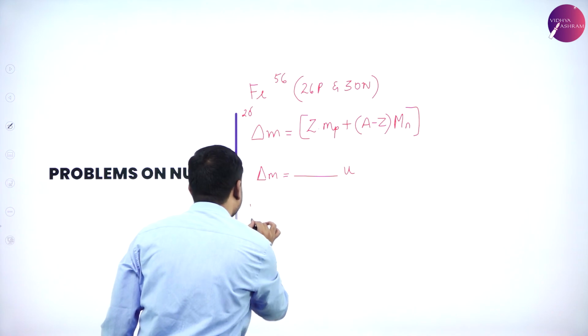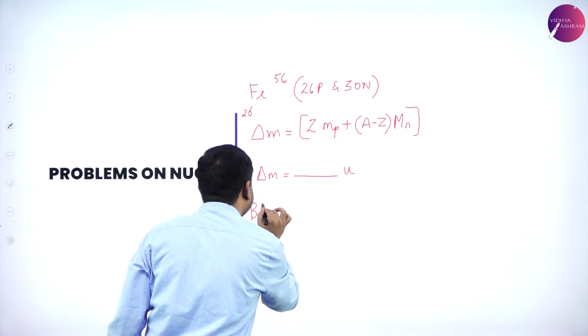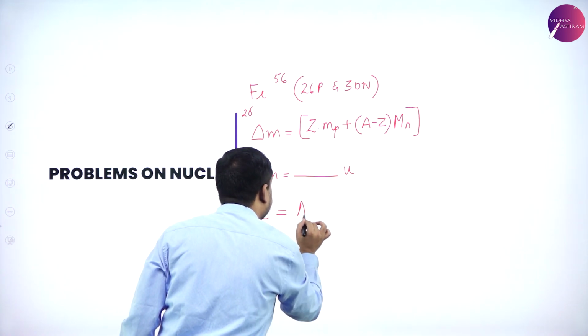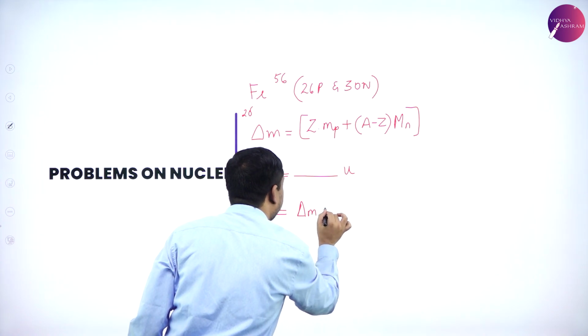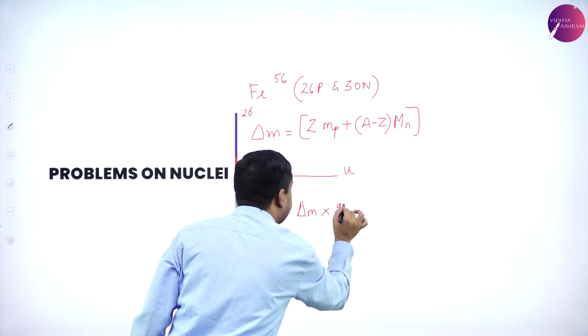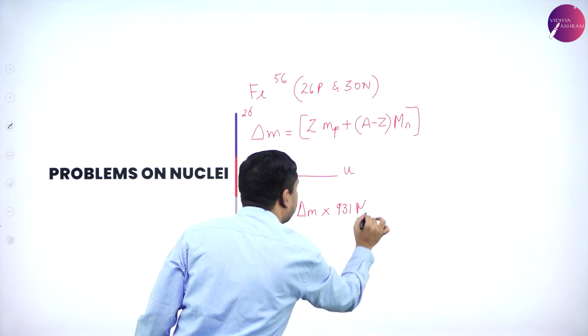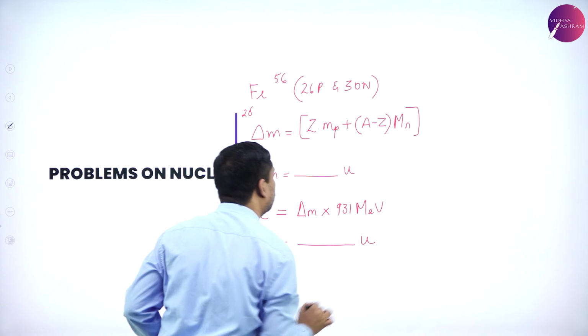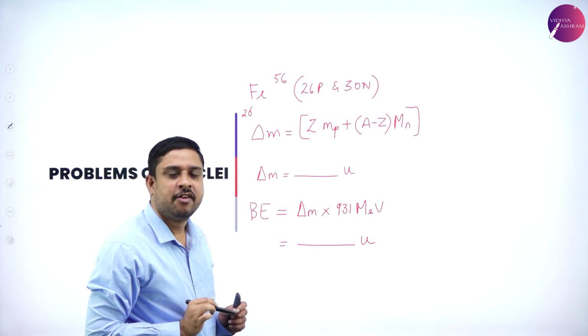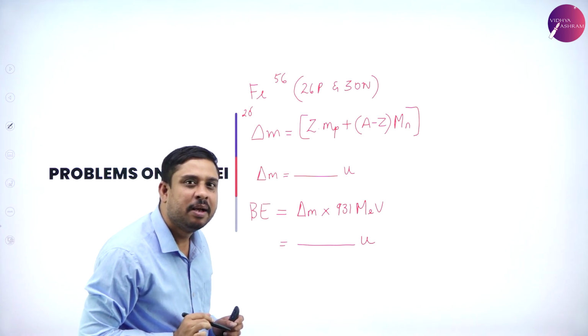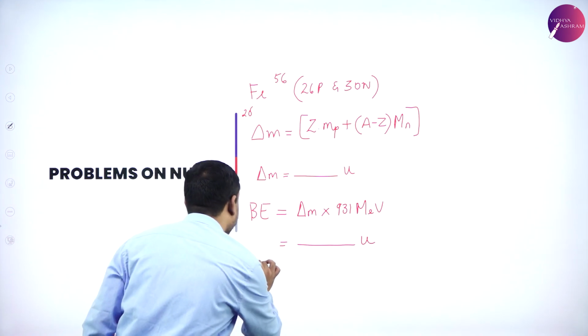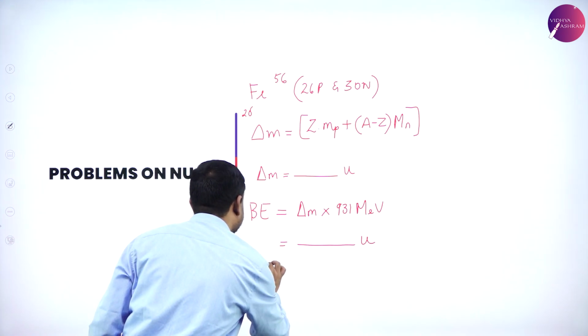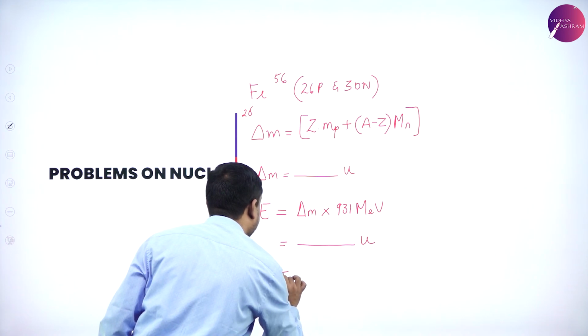Now from this, binding energy is delta M into 931 MeV, so many units. Finally, divide for binding energy per nucleon, the specific binding energy.